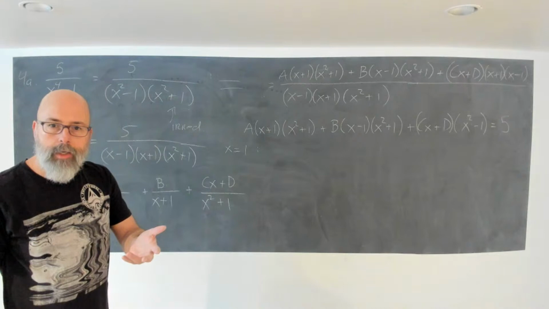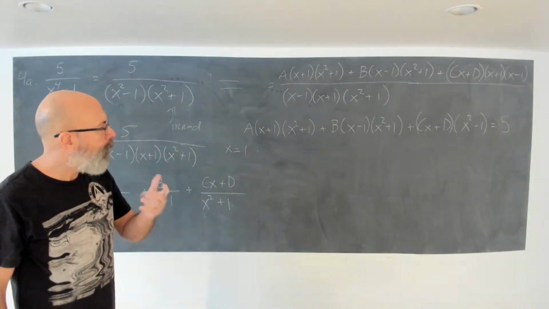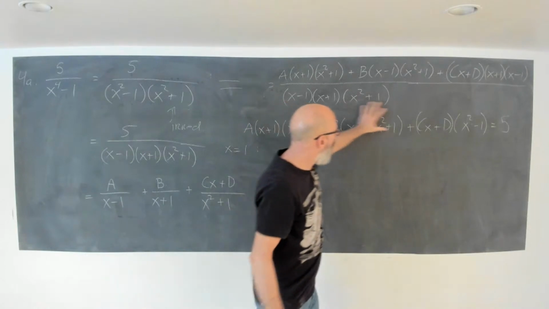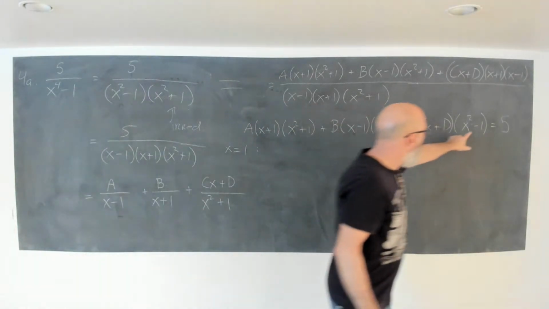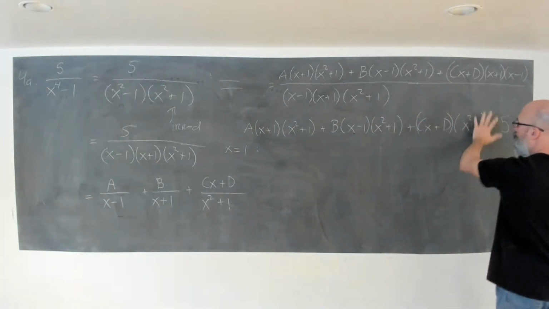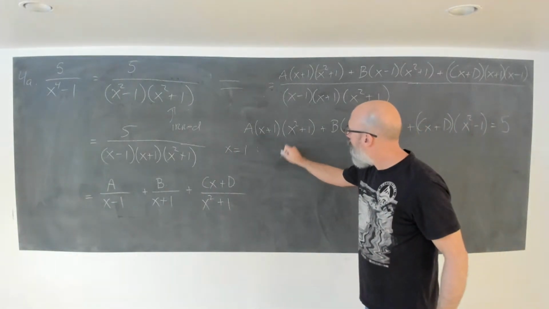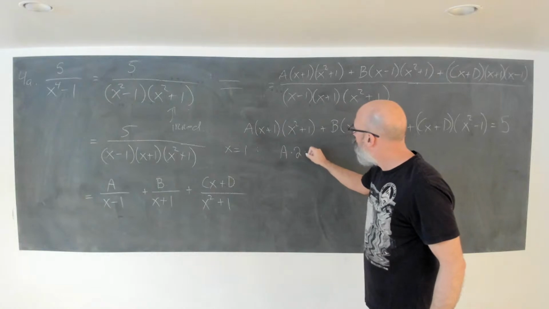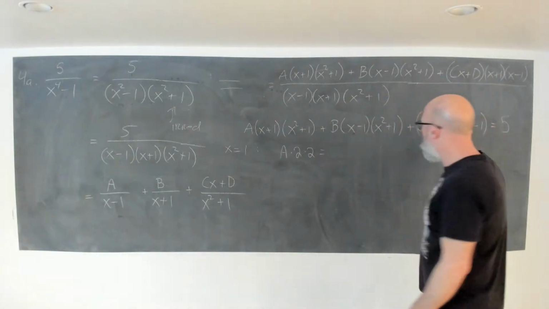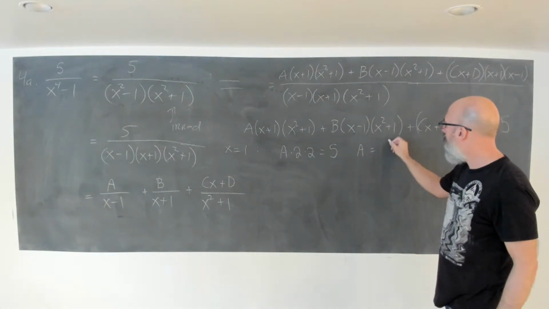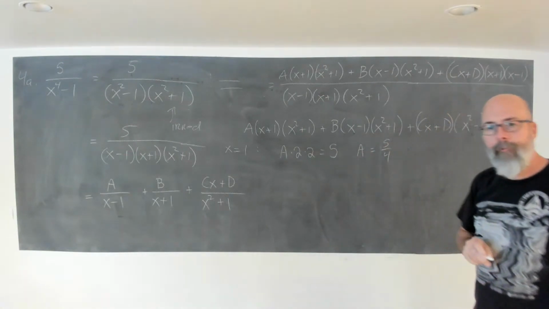If x is 1, observe what happens. If x is 1, this is 0, so that's gone. And this is 0, so that's gone as well. So if x is 1, we get A times 2 is equal to 5. So immediately A is 5 over 4.